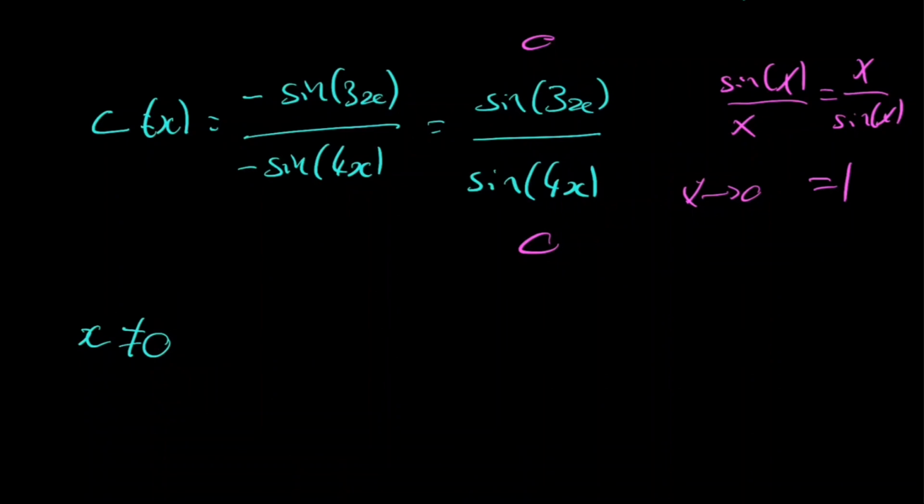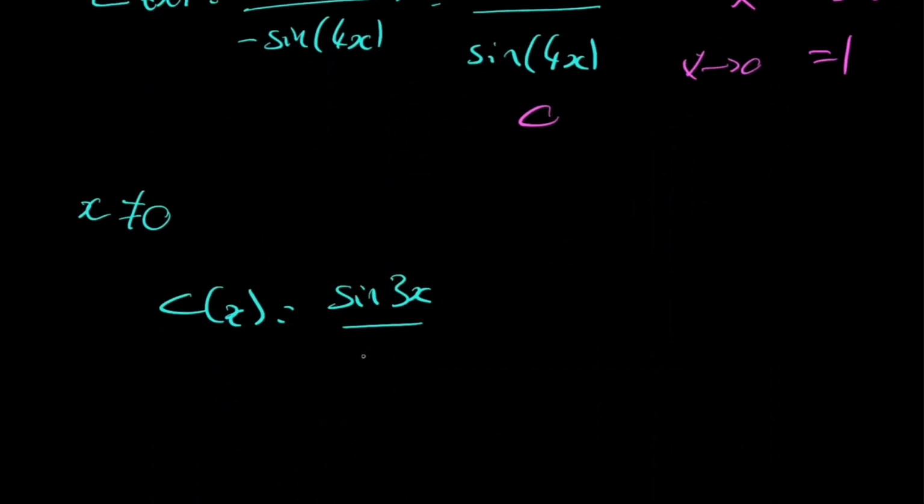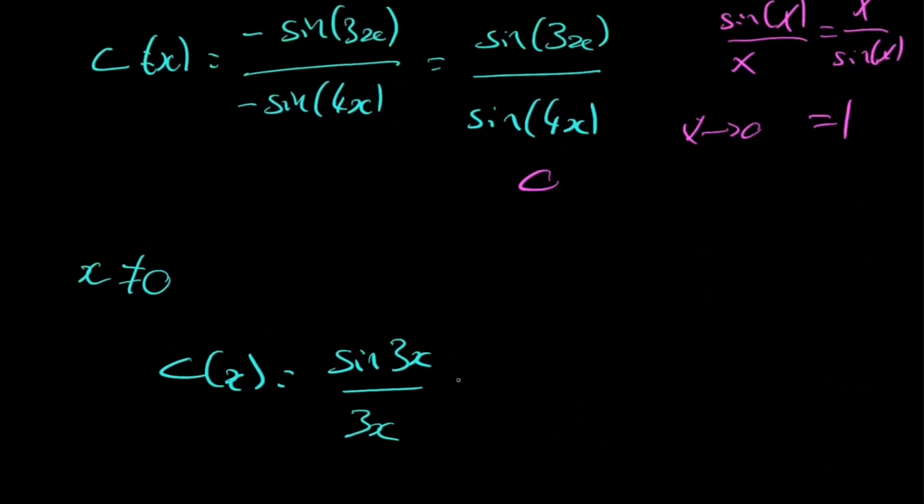And we want to make appear a 3x and a 4x. So we are going to write C of x as sinus of 3x over 3x. But you see, I divided by 3x, so I will multiply by 3x times 4x over sinus of 4x. So I made this 4x appear.